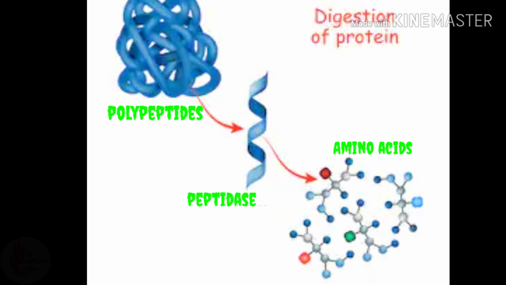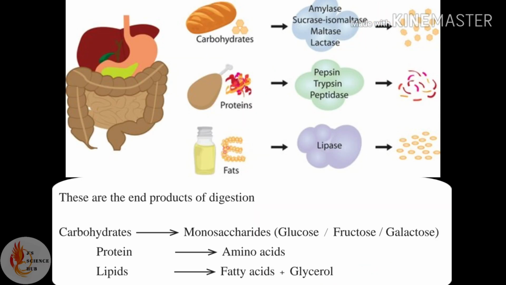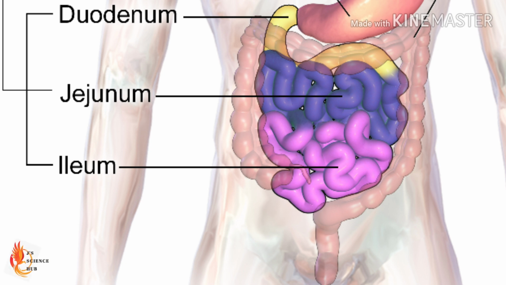As we know, amino acids are the basic structural units of protein. So the protein digestion is also complete. As a conclusion, the end products of digestion are monosaccharides, amino acids, fatty acids and glycerol.